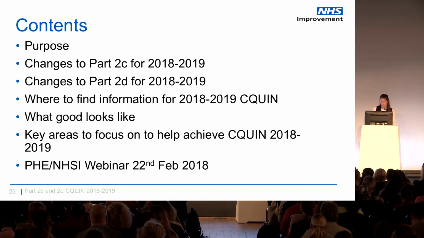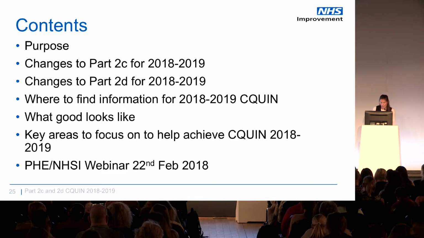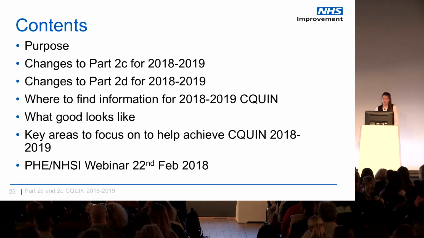And then I'll highlight where to find information for the new CQUIN, run through what good looks like in terms of CQUIN performance, and then highlight key areas to focus on so that you can help achieve those CQUIN targets. I'll then finally talk about the joint webinar that's happening tomorrow with Public Health England and NHS Improvement, where we'll go through the finer detail of the CQUIN.